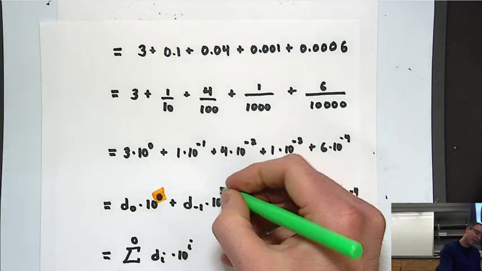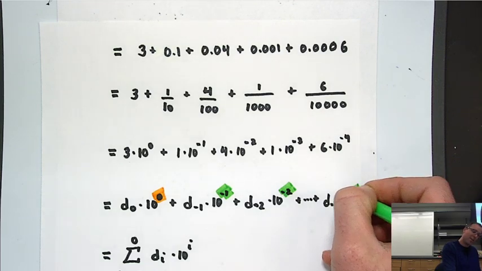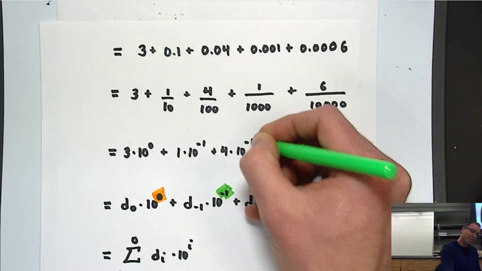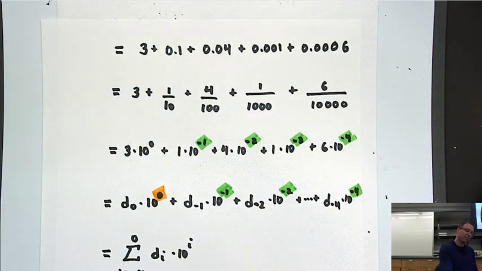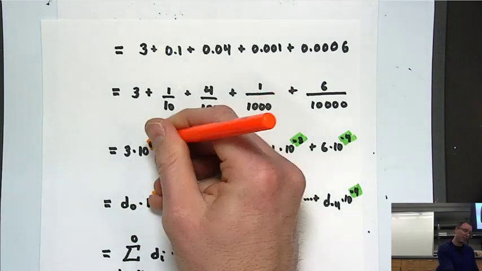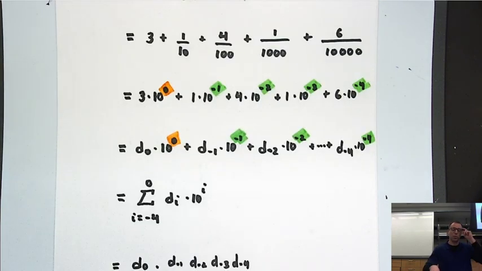Claim. There is something fundamentally different about the things in green versus the things in orange. What's different? Okay, I want you to use the word fraction and integer.